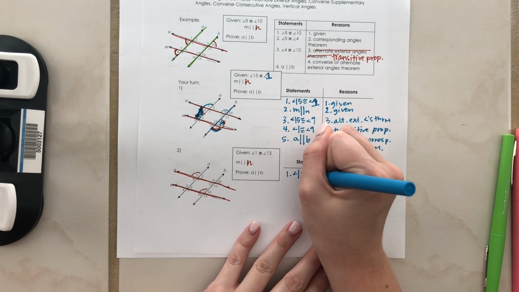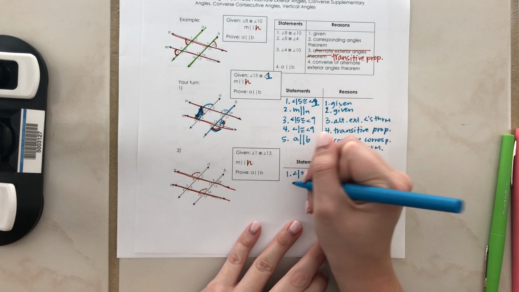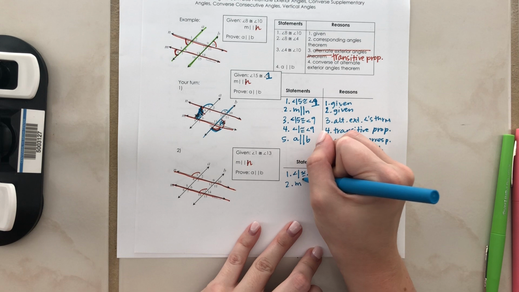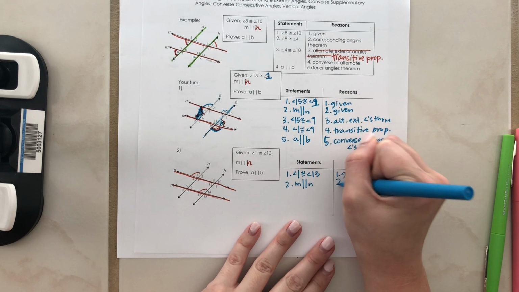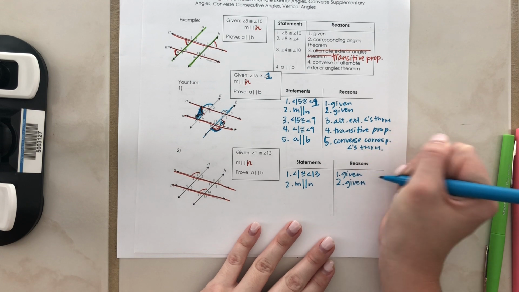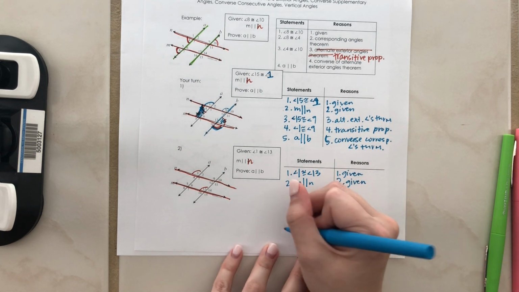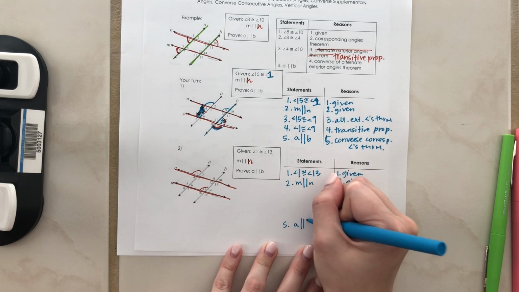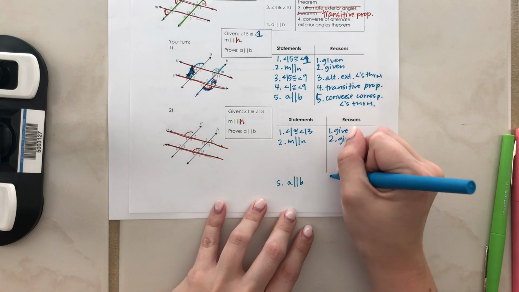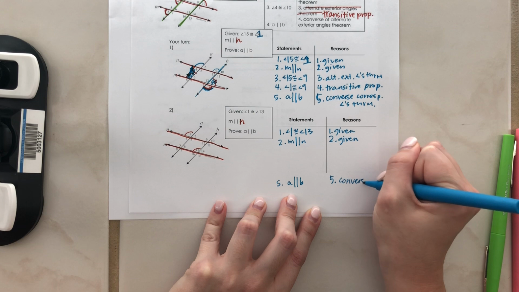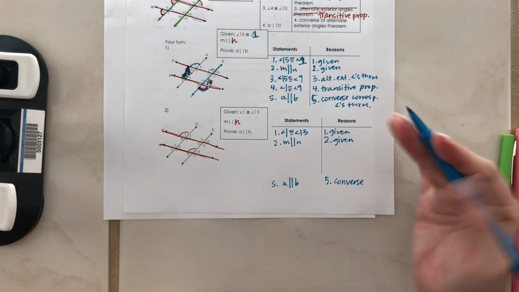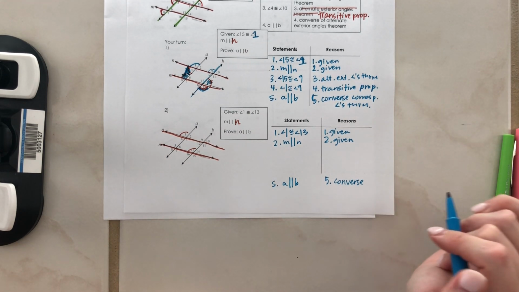So angle 1 is congruent to angle 13, and M is parallel to N. We are trying to prove that A is parallel to B. Okay, so our very last statement is going to be A is parallel to B. Because that's our last statement, I know it's going to be the converse of something. So I'm going to go ahead and fill that much in because I know that much.